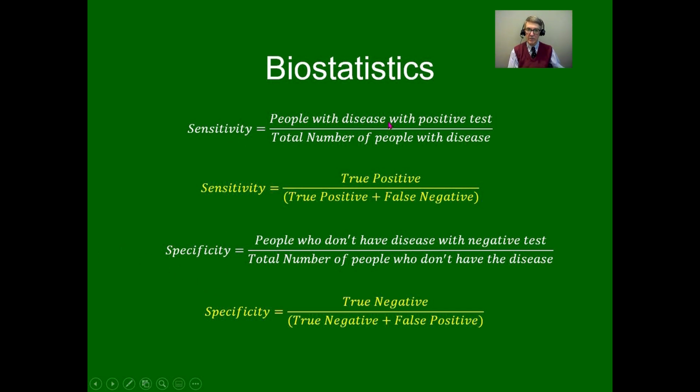Sensitivity is the people with disease with a positive test over the total number of people that have the disease, or what we say is the true positive over the true positive plus the false negative. Specificity is the people who don't have the disease with a negative test over the total number of people who don't have the disease, and specificity is equal to the true negative over the true negative plus the false positive. Okay, so that's just the definition of those words.